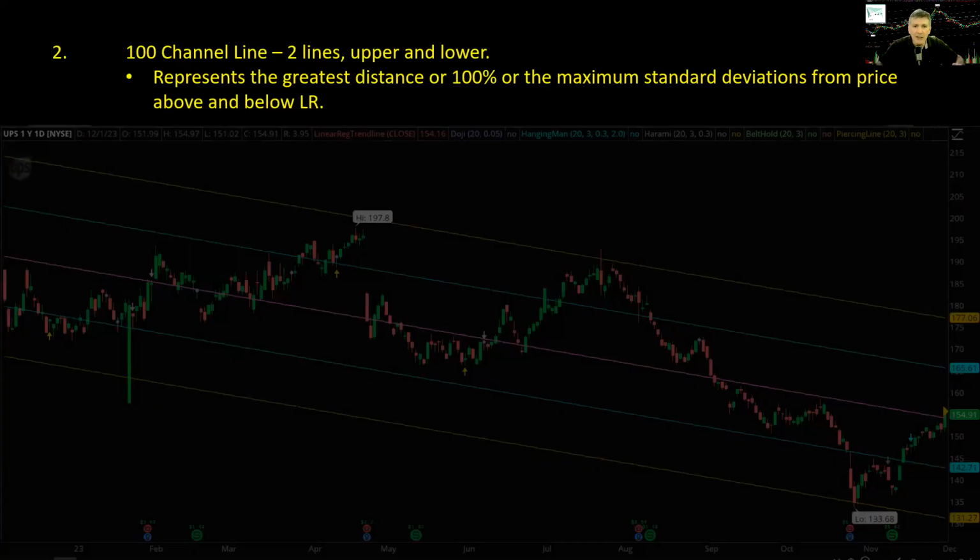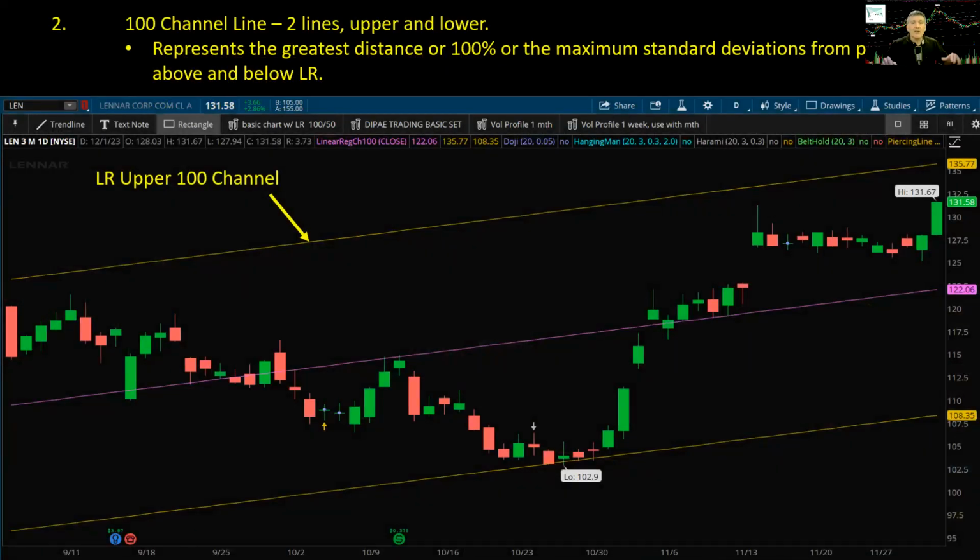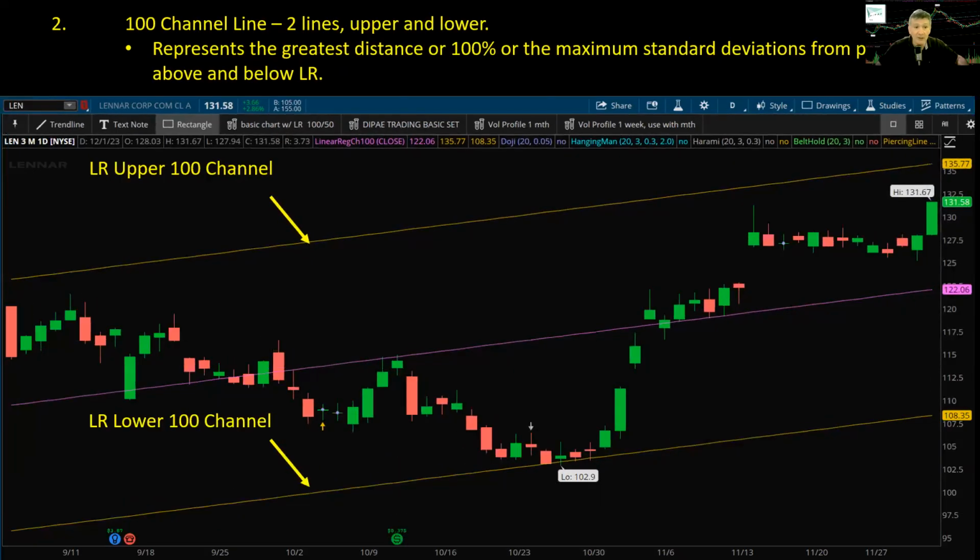The 100 channel line makes up for essentially 100% of all the price information within that channel. There is an upper channel, 100, and there is a lower channel, 100. And this line and this line make up literally 100% of all data for that period of time that we're evaluating, whether it's 1 year, 3 months, or 5 years.